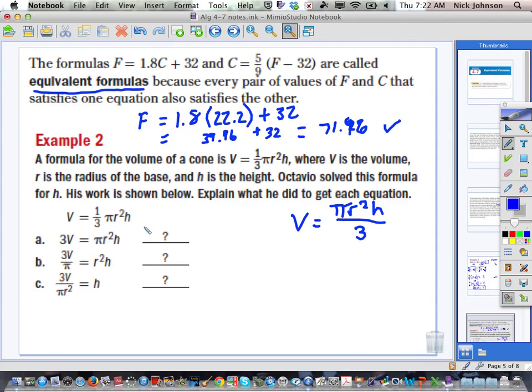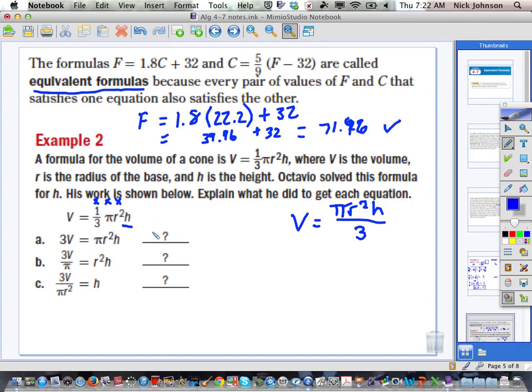So what Octavio is saying is, he's got an h right here on the right-hand side. That means my 1/3, my pi, my r squared all needs to leave. It needs to be gone. So if you look at this, what he did was first get rid of the 1/3. Well, the inverse of multiplying by 1/3 is multiplying by the reciprocal.